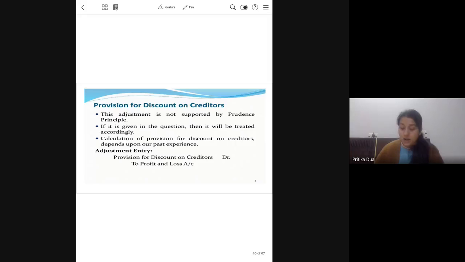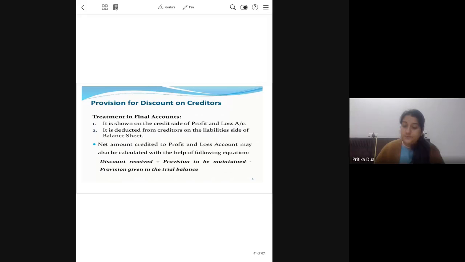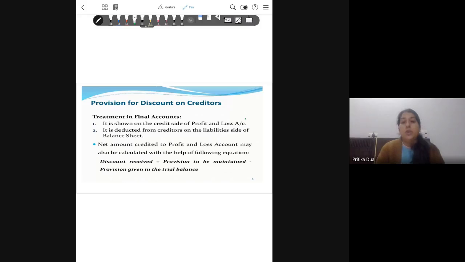तो पहला इफेक्ट जो इस एडजस्टमेंट का आता है, that comes on the credit side of the P&L account, this being a gain for the business, and all gains and profits come on the credit side. Also, this reduces the amount of creditors which we need to settle, and hence it is deducted from the amount of creditors in the balance sheet.